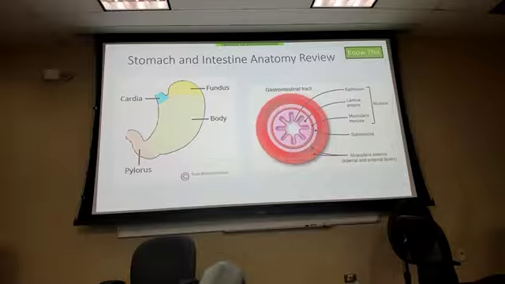Okay, this is just a very basic. This is actually the small intestine. Okay, but the biggest thing is that you know that you have muscle. They have 2 layers of muscle. One that runs circular and one that runs longitudinal. Okay.